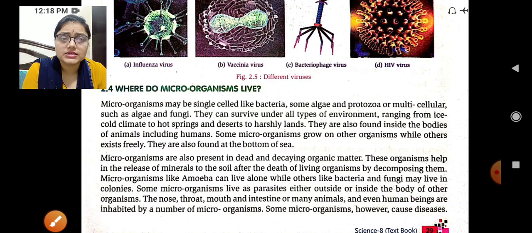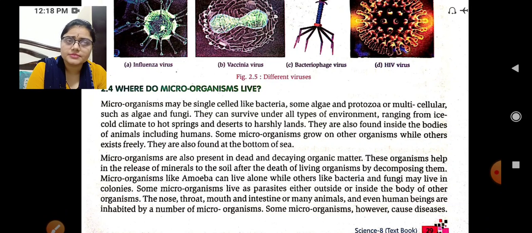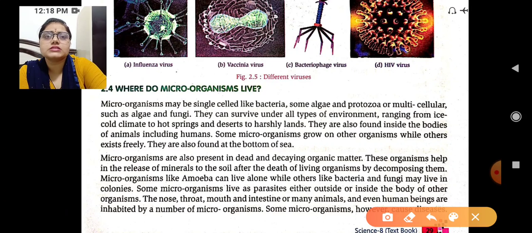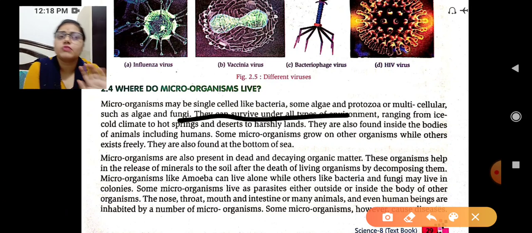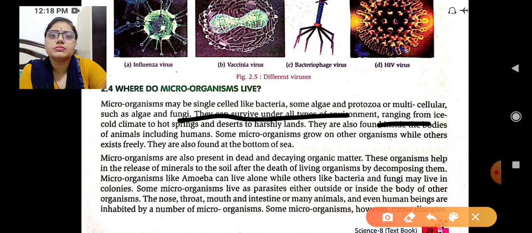So they can survive in all types of environments, ranging from ice cold climates to hot springs, and from deserts to harsh lands.